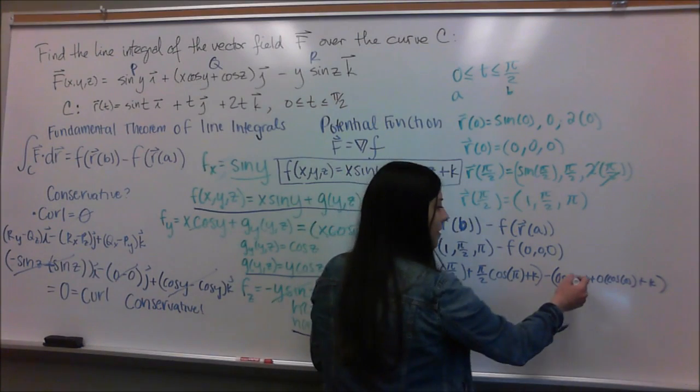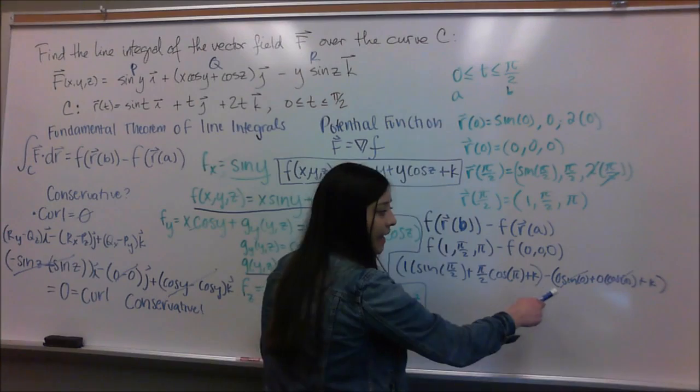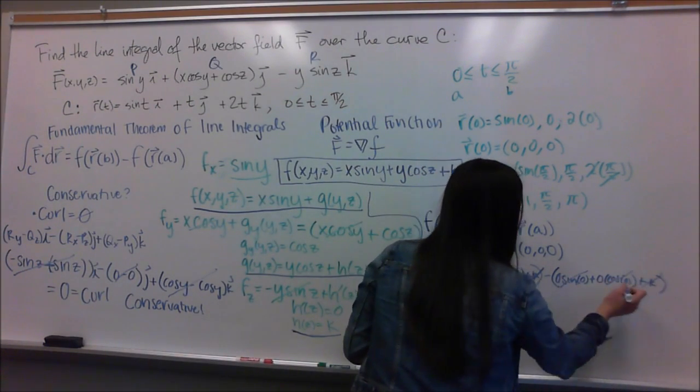Okay, so we know that this is 0, this is 0, and the k's cancel out because it's k minus k, so constants are just going to cancel out.